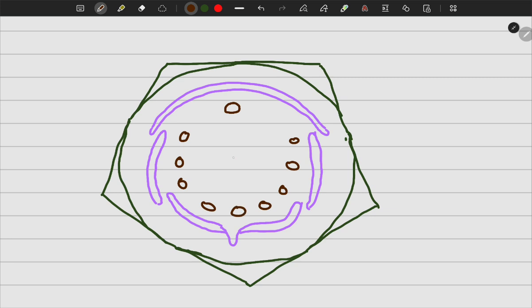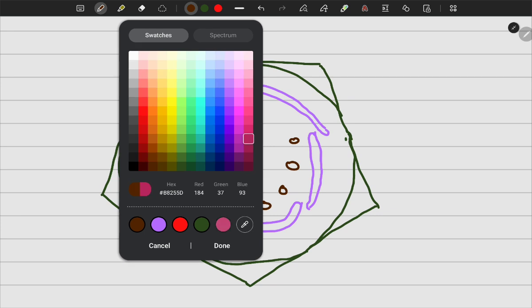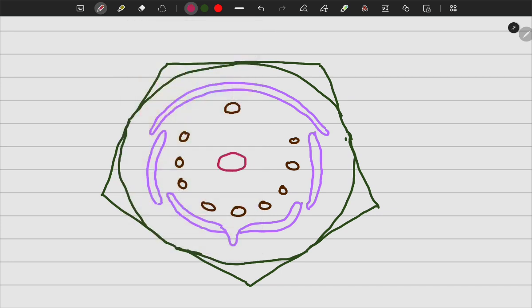And the ovary is monocarpellary. So we will draw the ovary at the center. And we forgot about the mother axis, so we will draw it here. The mother axis. Alright, so this is the floral diagram for Fabaceae family.